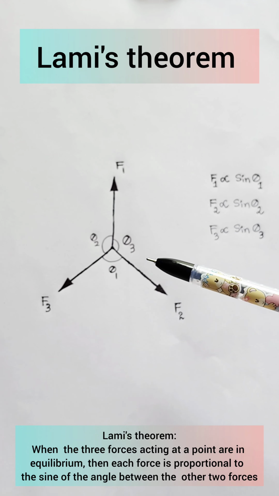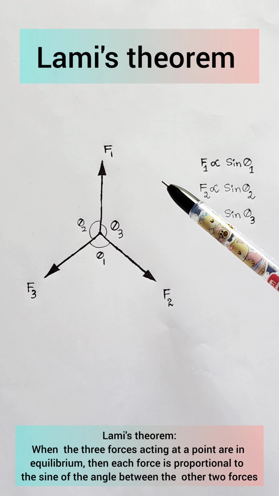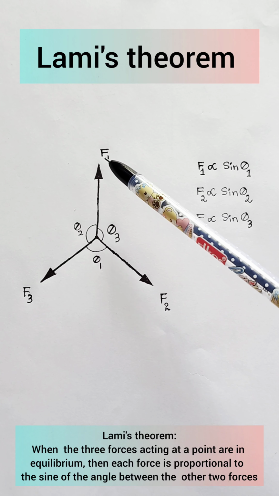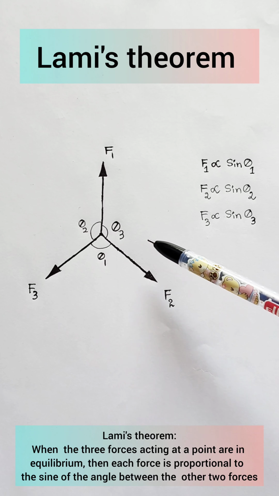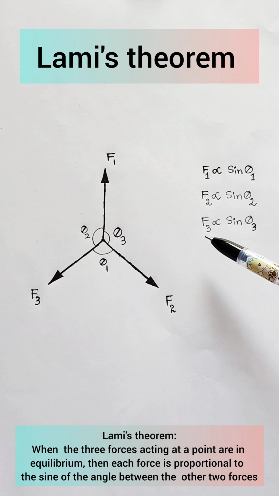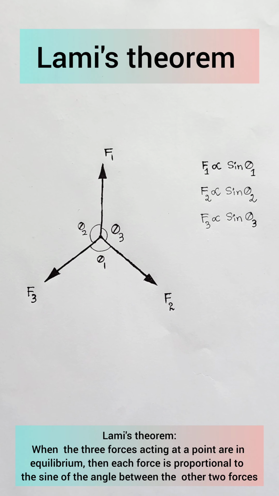F2 is proportional to sine theta 2. And when you choose F3 force, it is also proportional to sine of the angle in between F1 and F2 force, theta 3. F3 is proportional to sine theta 3.